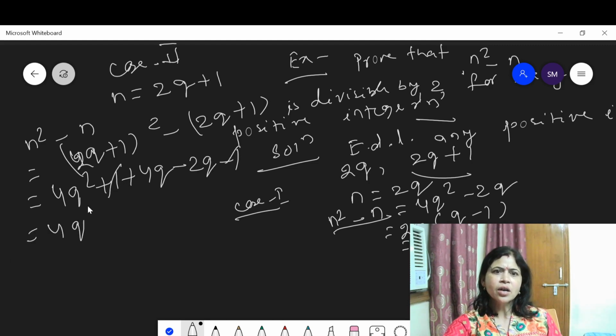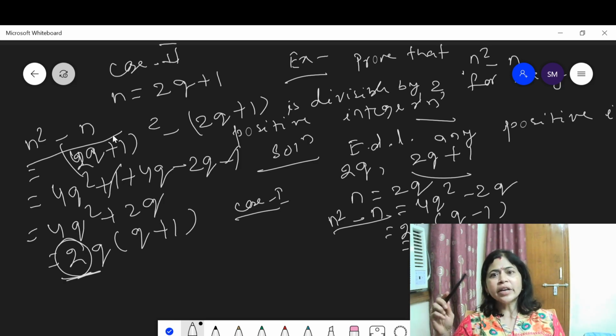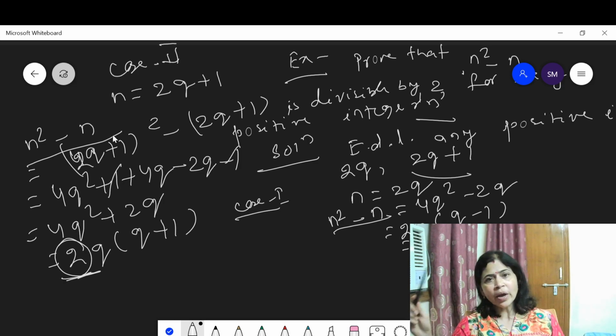You get 4q square plus 2q, which when you take 2q common is also a multiple of 2. In case 2 also you get n square minus n is an even integer, so n square minus n is divisible by 2.